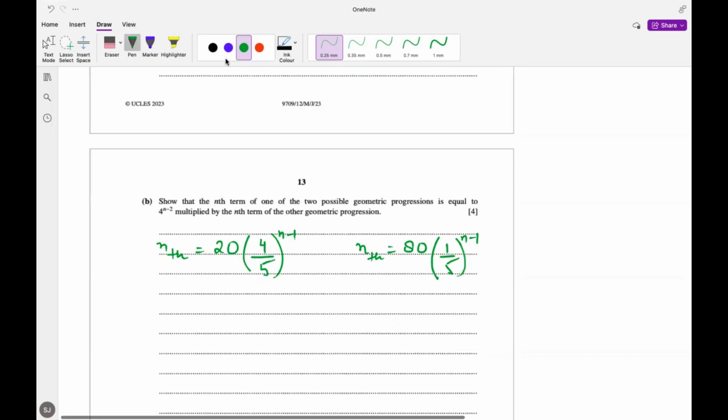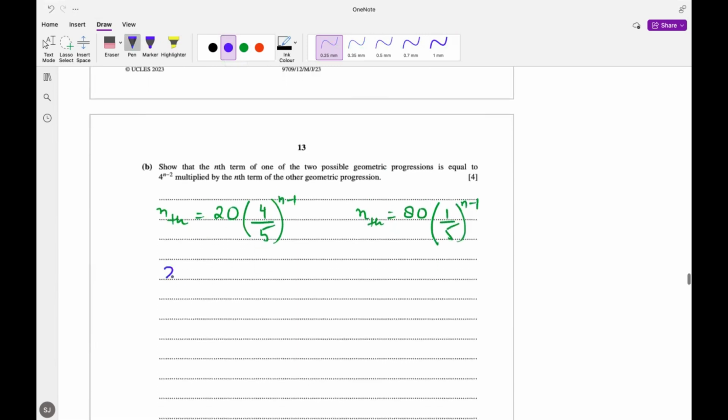So let's start with multiplying 20 into (4 upon 5) to the power n minus 1, and we'll multiply it by 4 to the power n minus 2. So opening this bracket up, 4^(n-1) will become 4^n into 4^(-1), and 5^(n-1) will become 5^n into 5^(-1), multiplied by 4^n into 4^(-2).